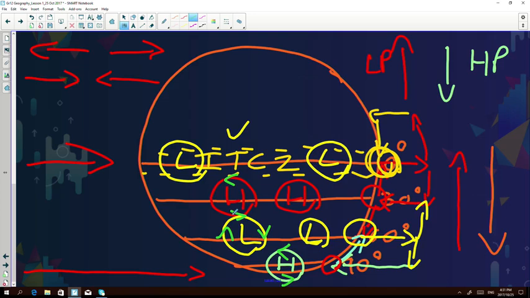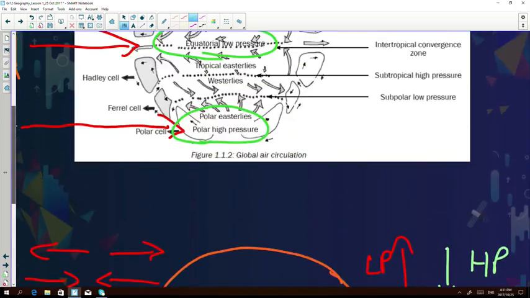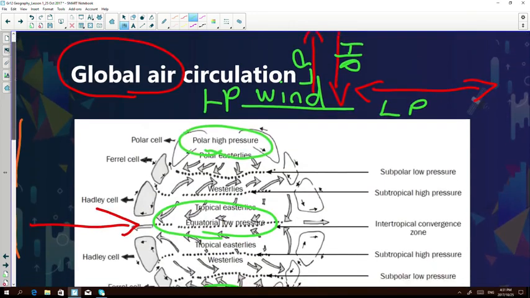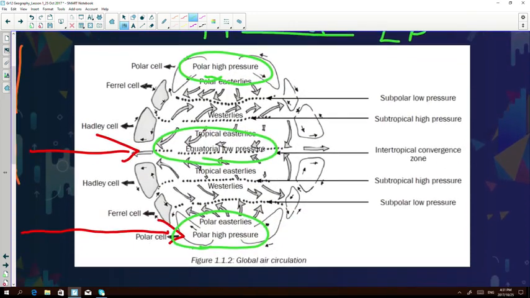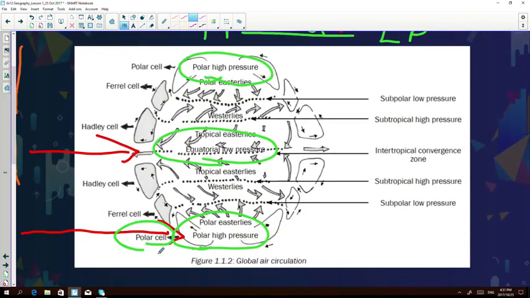Now, with this vertical movement of air, we got three distinct cells that formed. The polar cell, the Ferrel cell, and Hadley cell. Let's just quickly go back to our information on top of the page. There you got your polar cell, your Ferrel cell, and your Hadley cell.